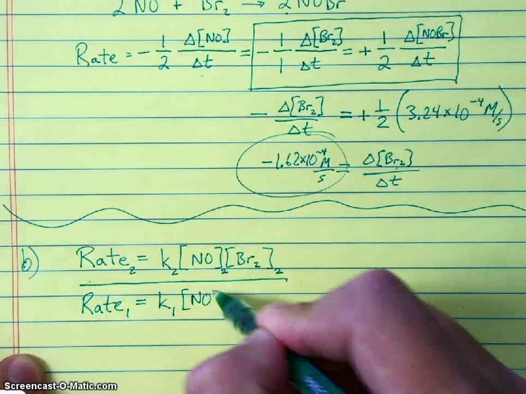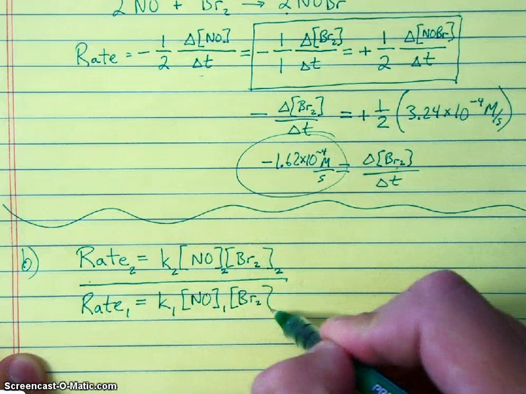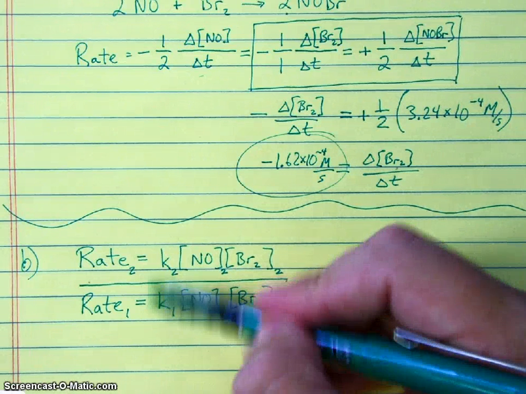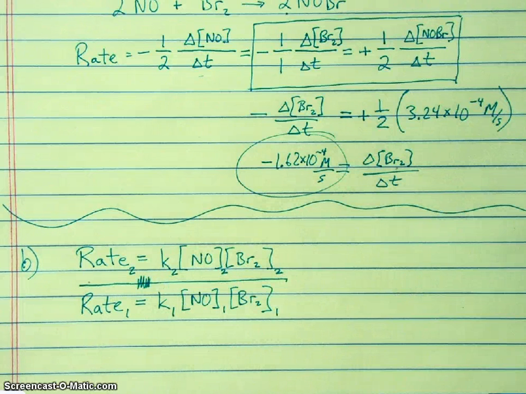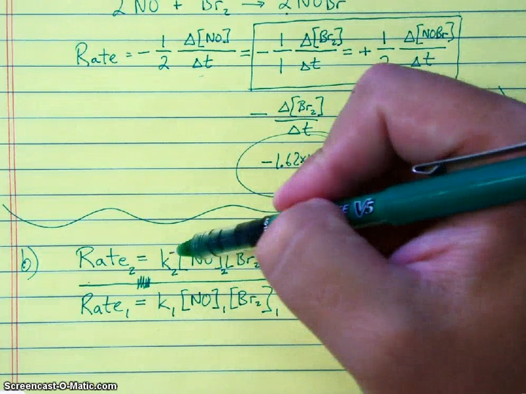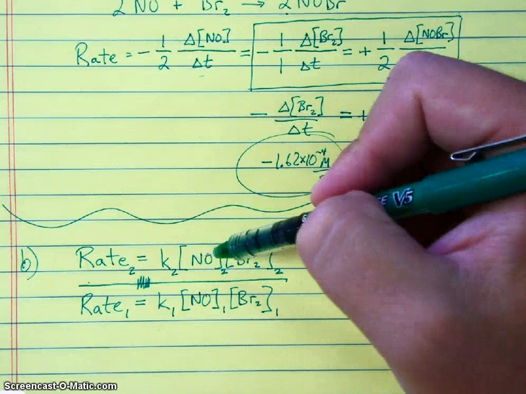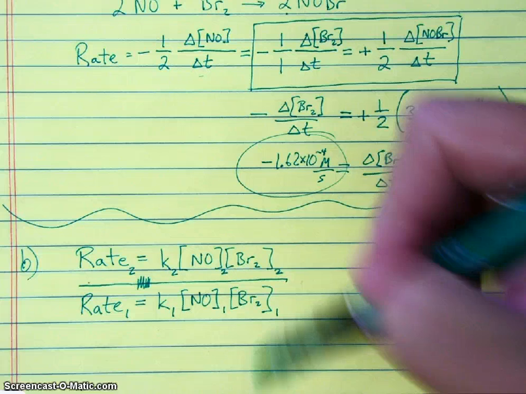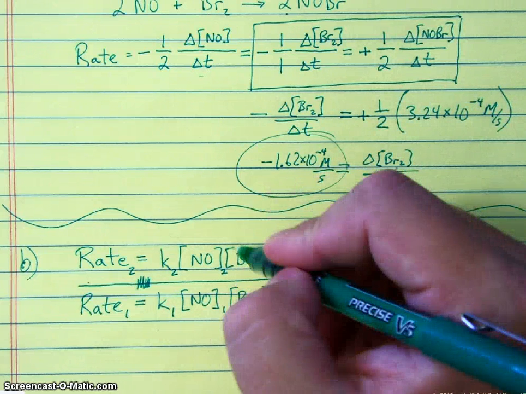So that's why all of these have little 1's down at the side. You can see that here's an equal sign happening twice, so this little part is going to go away. So rate 2 over rate 1 equals the rate constant times NO and Br from experiment 2 over NO and Br from experiment 1. Another factor that we're going to add into this are the orders.